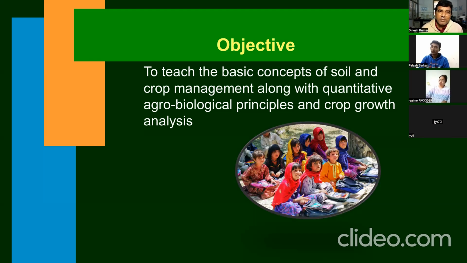We want sustainable crop production. It can happen only when we are able to use our natural resources judiciously, so that natural resources are not destroyed and are used sustainably.